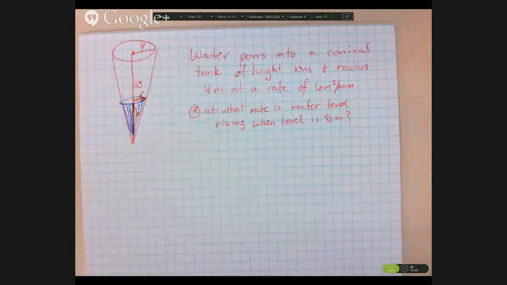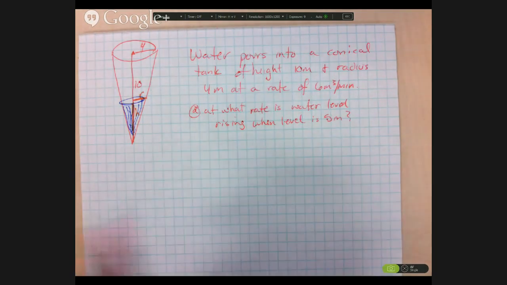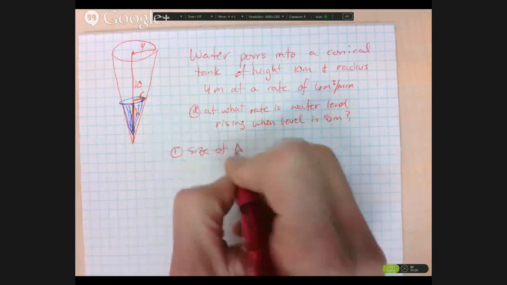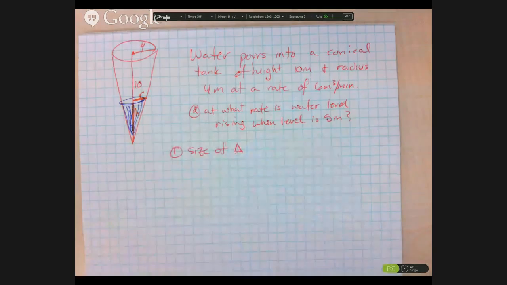These ones make it a little bit more complicated. It still follows the same process though.